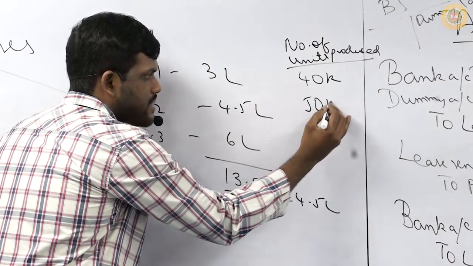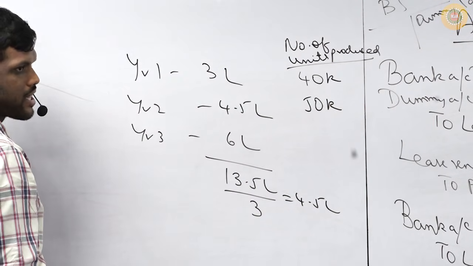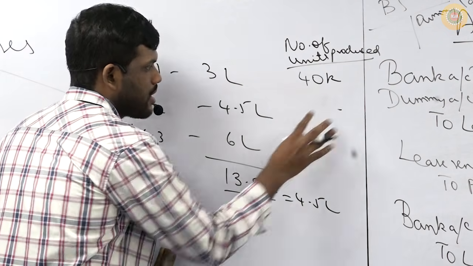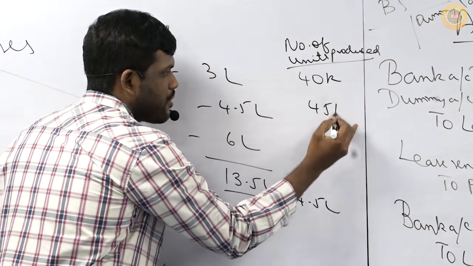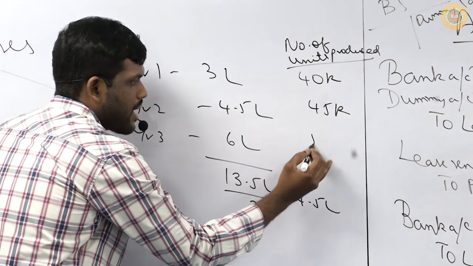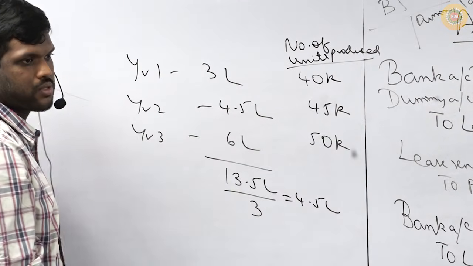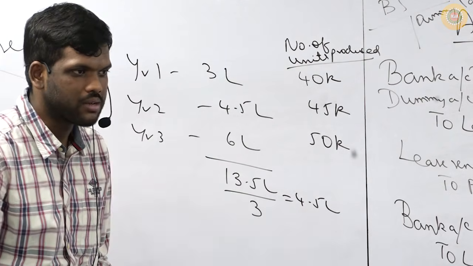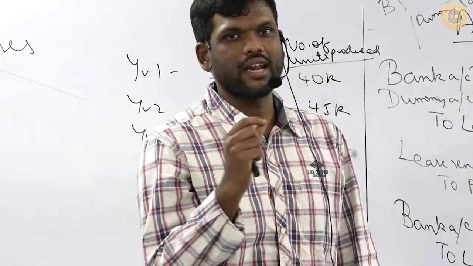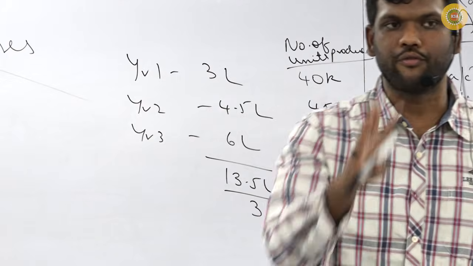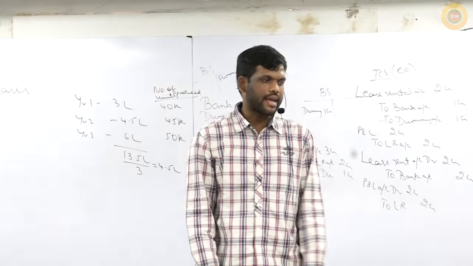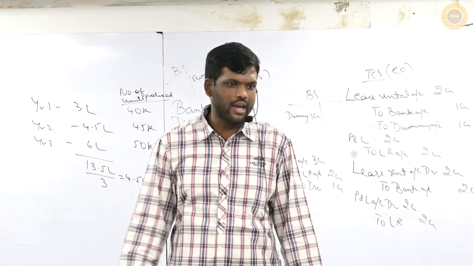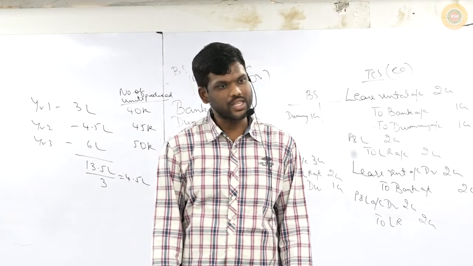Second year, 45,000 units. Third year, 50,000 units. Suppose this information is given in the question.